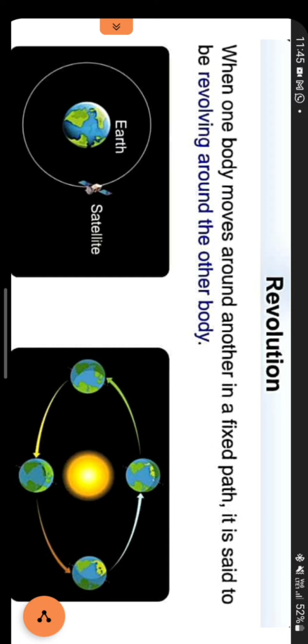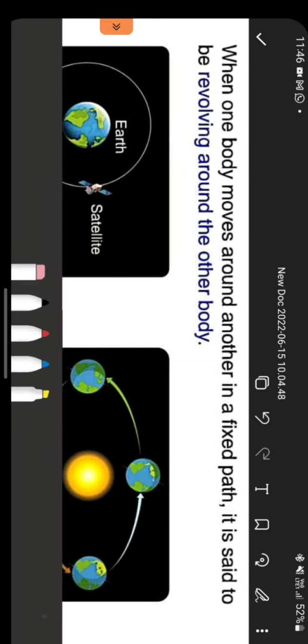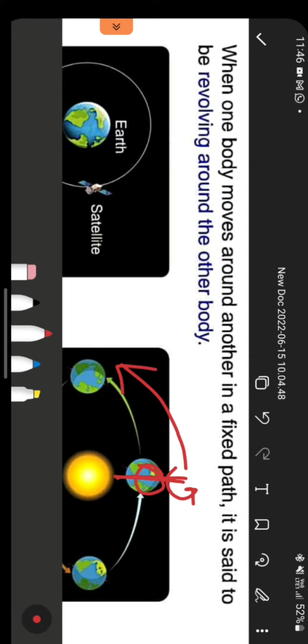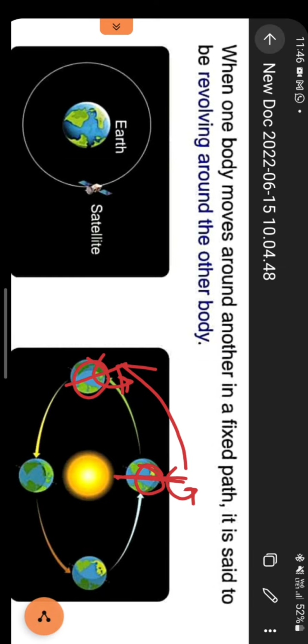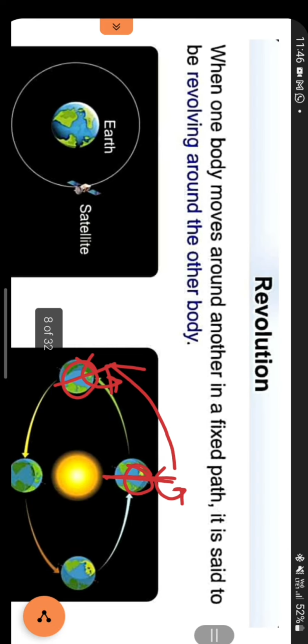The earth also rotates about its own axis, and along with this, it changes its place in the same orbit. Again the earth comes to this position, rotates here too, and again changes its place. This full movement is what we call revolution.